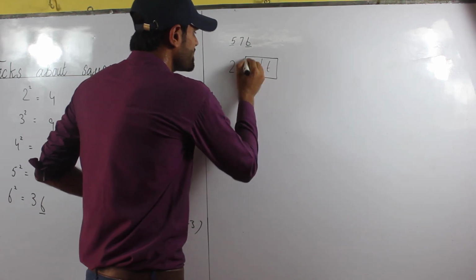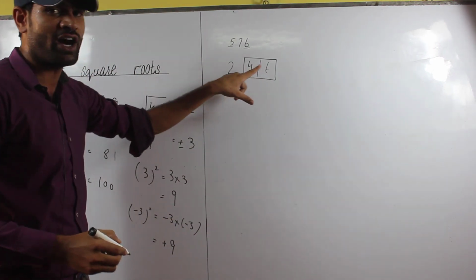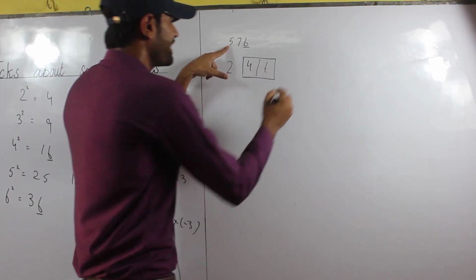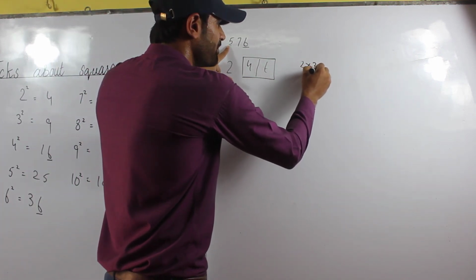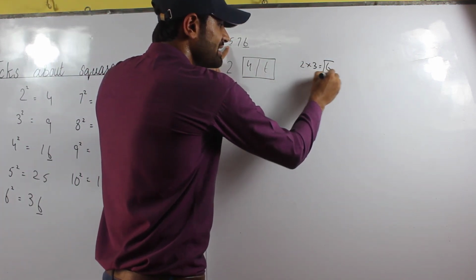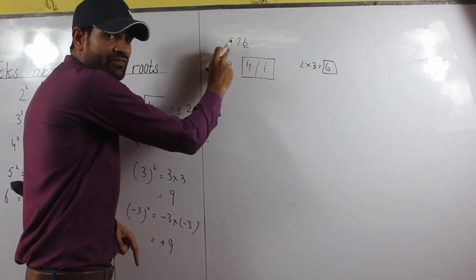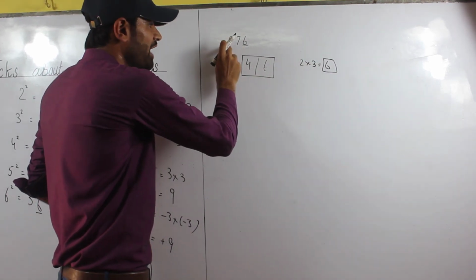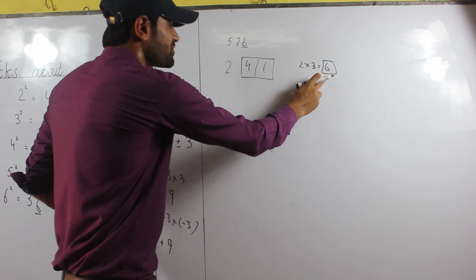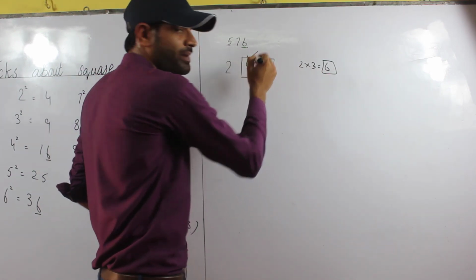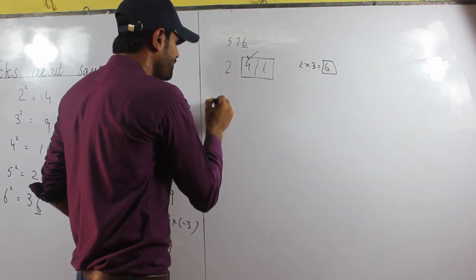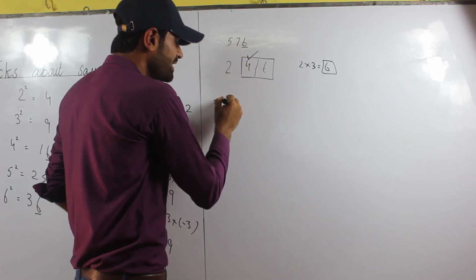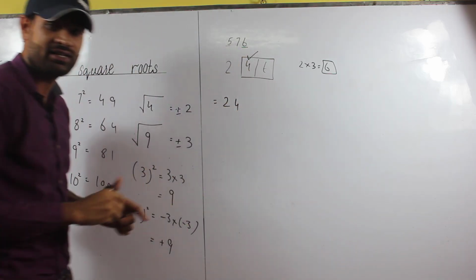Now I choose which digit to use, 4 or 6. I take 2 and multiply with the next number, 3, and I get 6. But this is 5. 6 is more than 5 and 5 is less than 6, so I choose the smaller number. So the square root of 576 is 24.